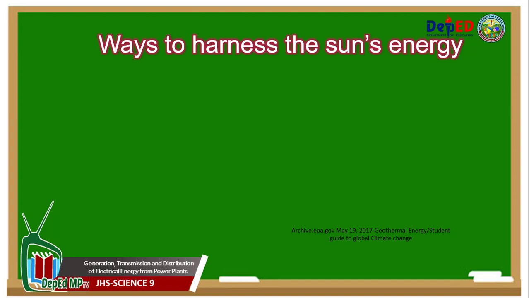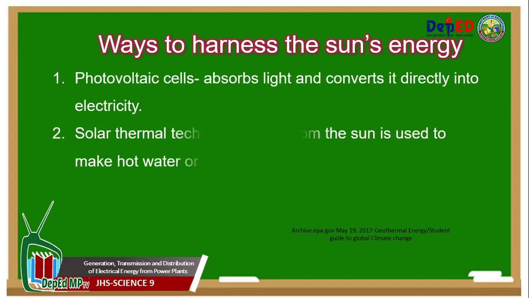We have ways to harness the sun's energy. Number 1, the photovoltaic cells. The photovoltaic cells absorb light and convert it directly to electricity. Do you have a solar calculator or watch? These items are powered by photovoltaic cells. A group of photovoltaic cells is known as a solar panel.